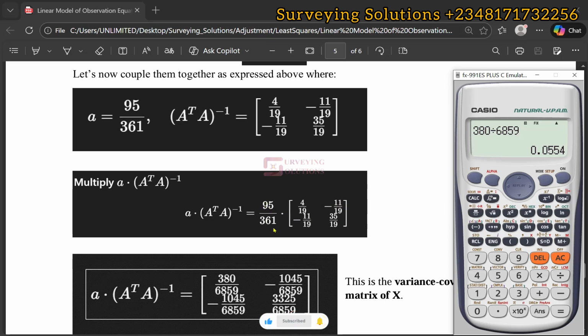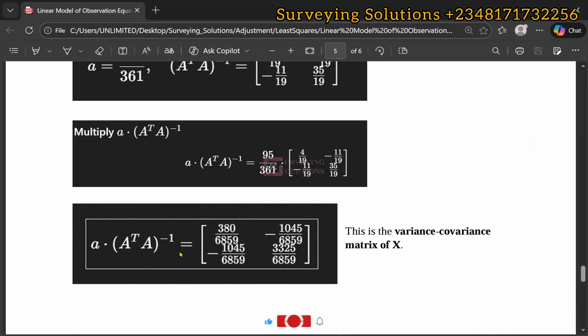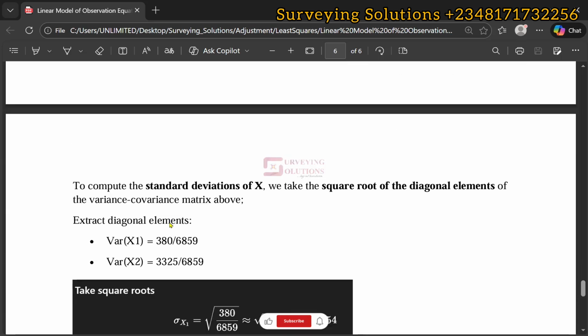Good. Now we have a very special matrix, the variance-covariance matrix, which we have declared earlier that the diagonal elements are the variances, and then the off-diagonal elements are what? The covariances, right? Good. So this is a very important characteristic of the variance-covariance matrix, which is part of the post analysis, right? Good. So we now went ahead to compute the standard deviations of x, right?